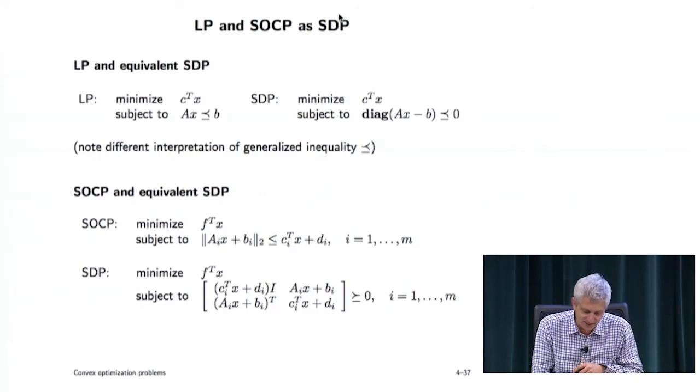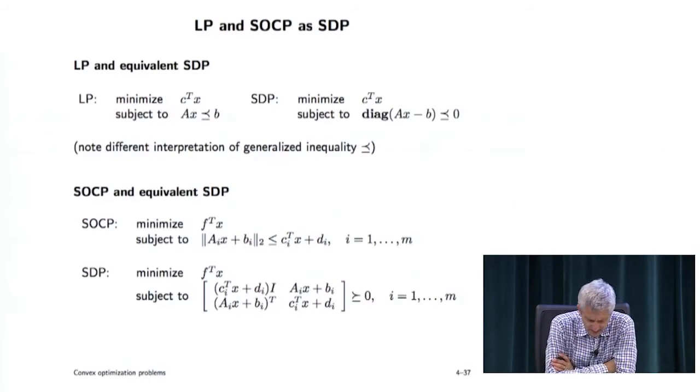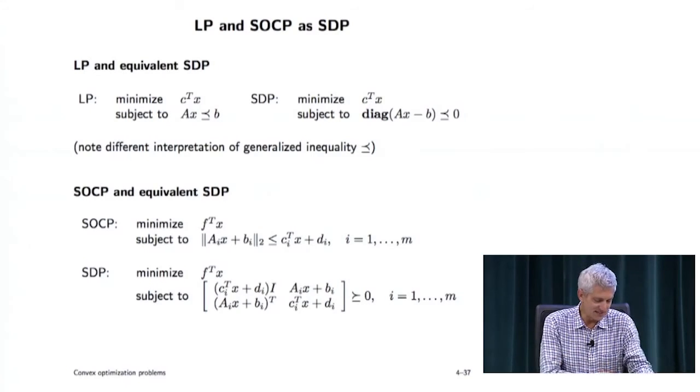So you can say things like we have the LP and SOCP embeddings as SDPs, right? And this has some implications. If and when semi-definite program solvers are completely perfected, this will be beautiful because you'll just have one solver for everything. And if it's an LP, you'll form a certain type of SDP and solve it.